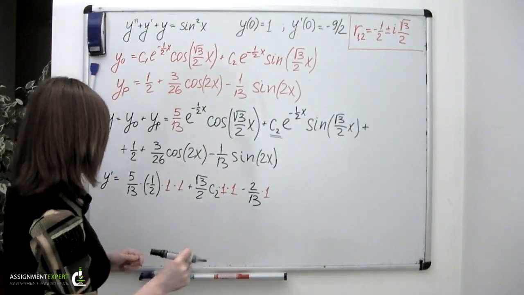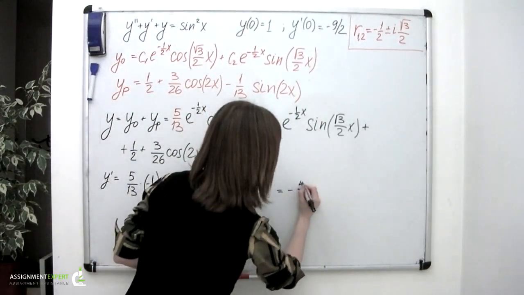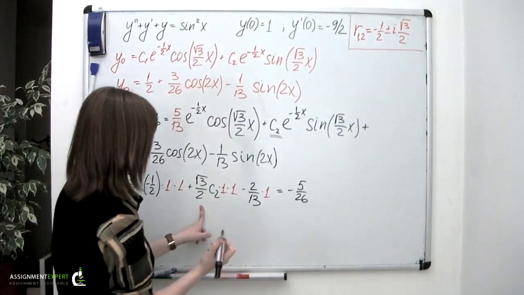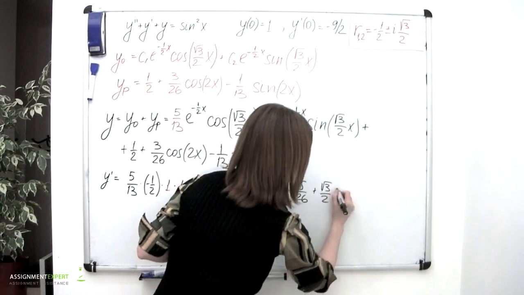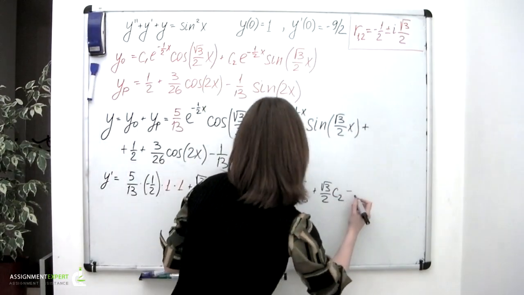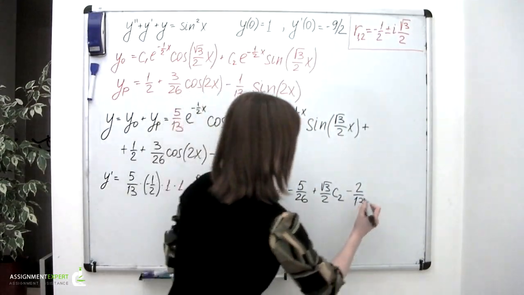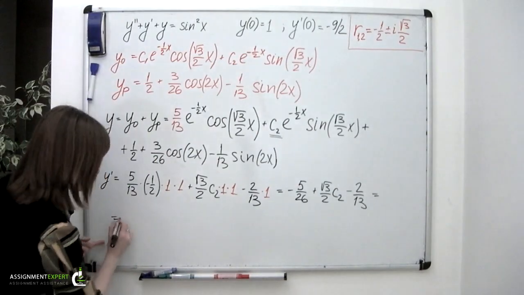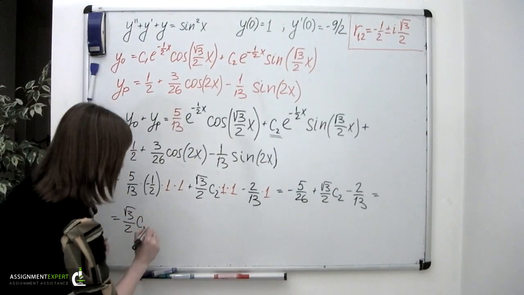So we have negative 5 over 26 plus square root of 3 over 2 times the C2 constant, and minus 2 over 13, which is equal to square root of 3 over 2 times the C2 constant.